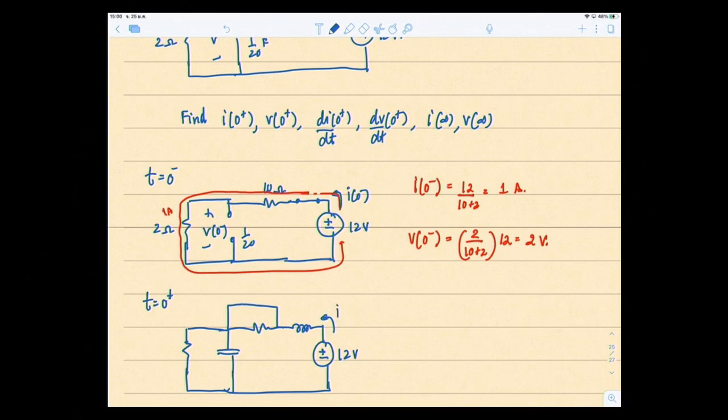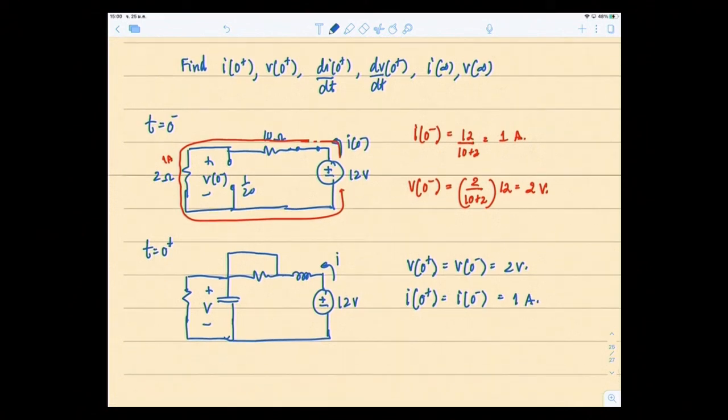Since V is the voltage drop across a capacitor, v(0+) equals v(0-), which is 2 volt. I is the current going through the inductor, so i(0+) equals i(0-), which is 1 amp.